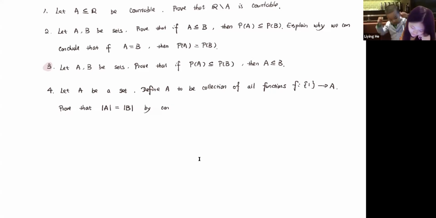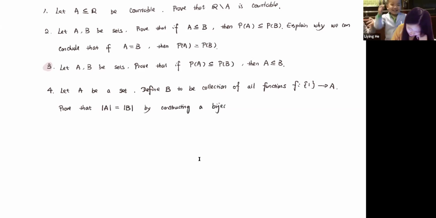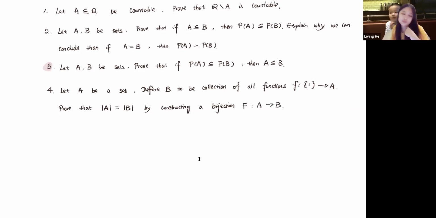Define B to be this, by constructing a bijection F that maps A to B. Okay, try those.